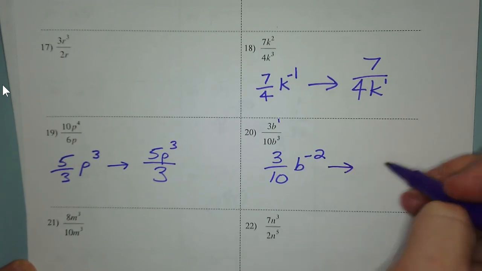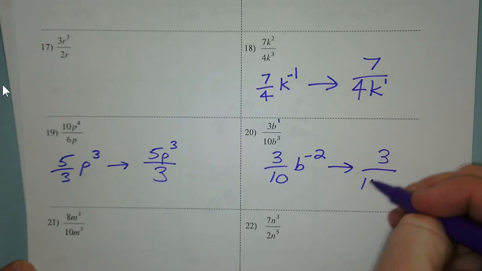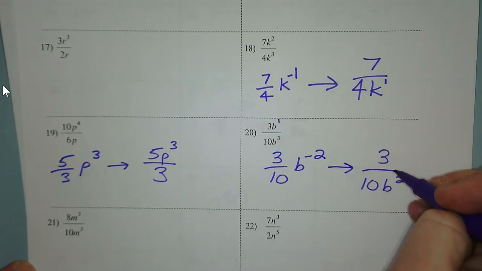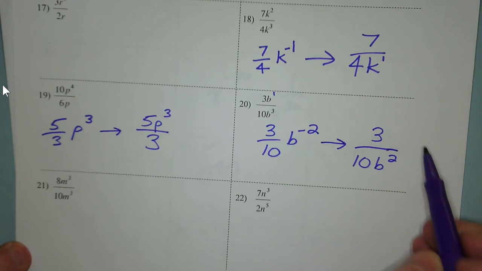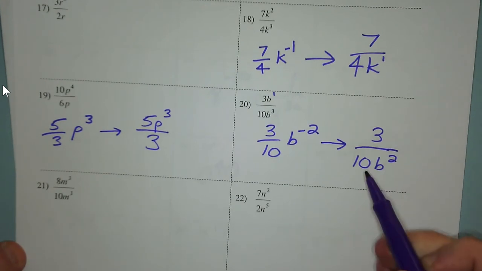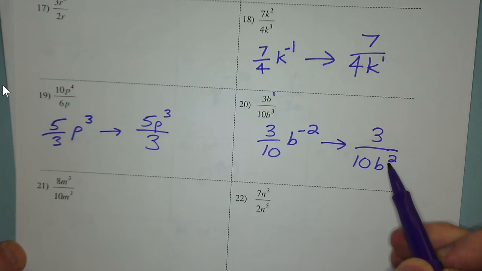So you actually need to go at least one more step here. The best way to write your final answer would be 3 over 10b to the positive 2 power. Okay?